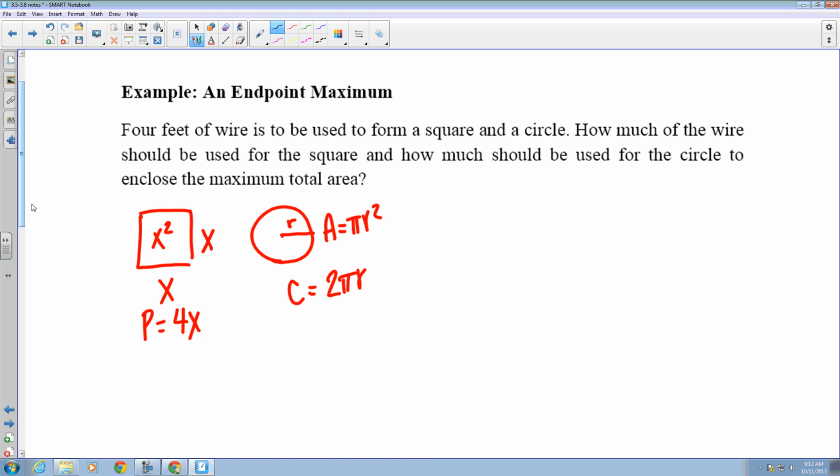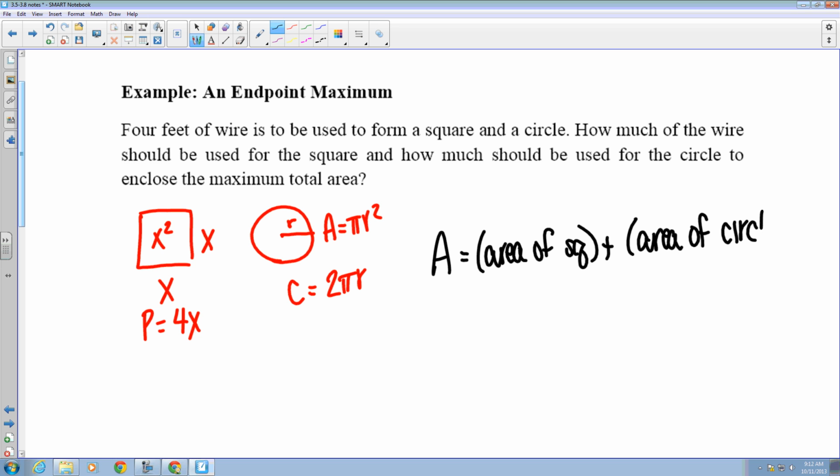If we have 4 feet of wire and that's supposed to form a circle and a square, A represents the area of the square plus the area of the circle, which is x squared plus pi r squared. And then we know we have 4 feet of wire to form it.